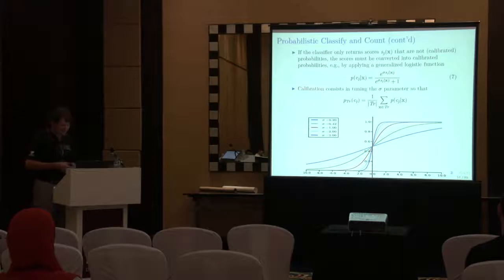So calibration means finding good probabilities, and the criterion for probabilities to be good is to comply with this constraint.